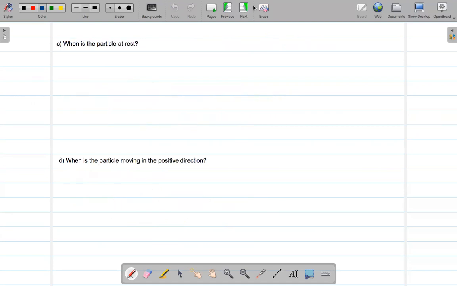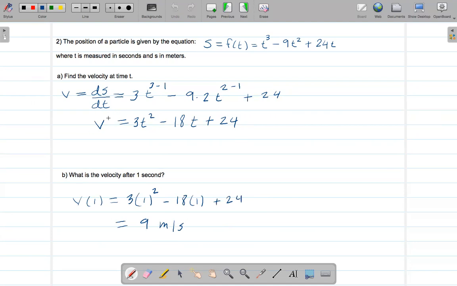Okay, and then when is the particle at rest? So when do you think the particle is going to be at rest? When the velocity is 0, right? So from the velocity function we found here, we're saying v is 0, so on the left hand side 0 equals this function.